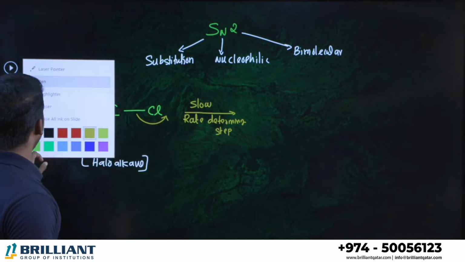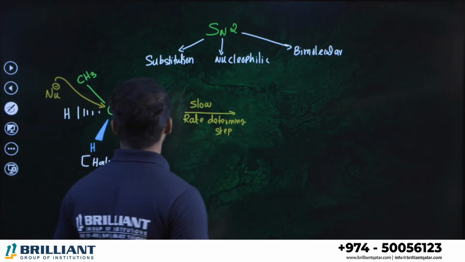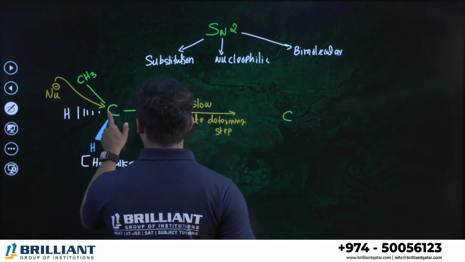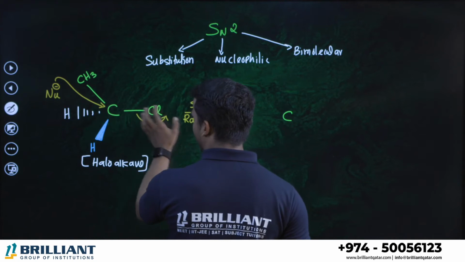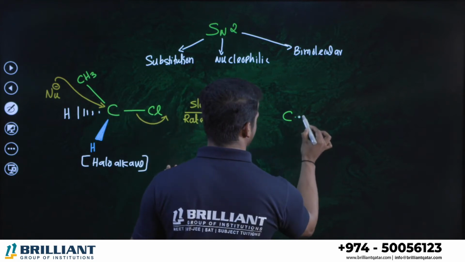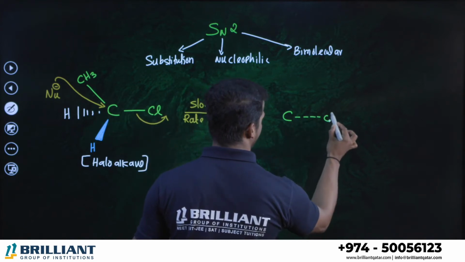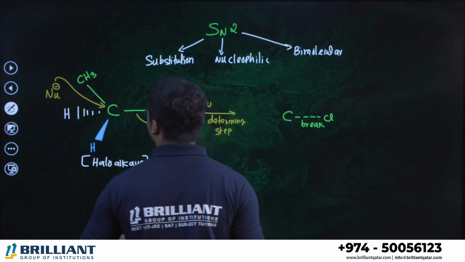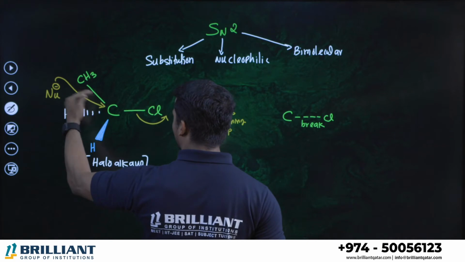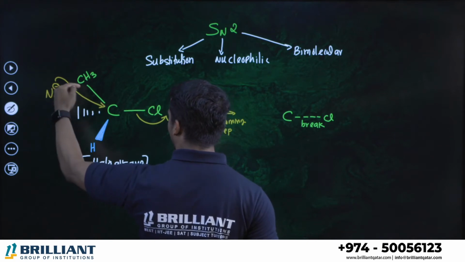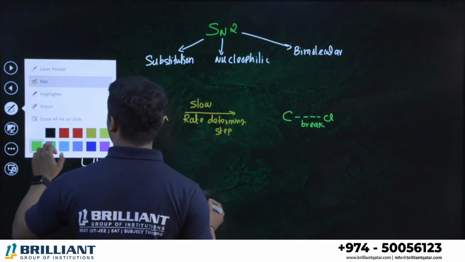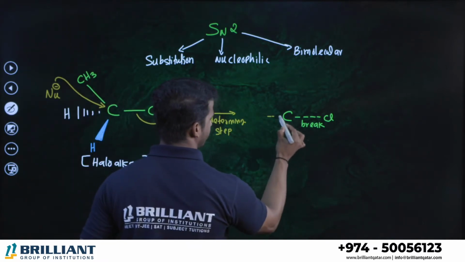What has happened? Let me draw the structure. Carbon is there. This carbon-chlorine bond is trying to break. Let me express it by a dotted line, meaning it's going to break. Here the nucleophile is trying to make a bond, so let me represent that by a dotted line again.